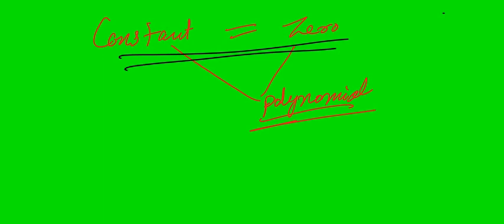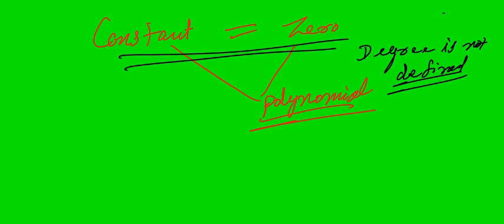Why is it called a zero polynomial? Because its degree is not defined. In a constant polynomial you can write 5, minus 2 by 3, or root 2.